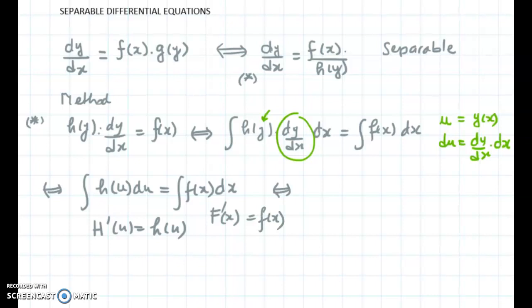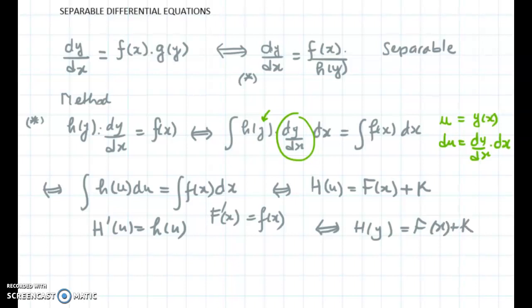So then we will write that capital H of u is F of x plus a constant, but actually we know that u was just a shortcut for writing our function y, so H of y is F of x plus k.